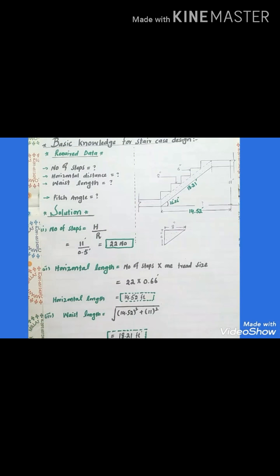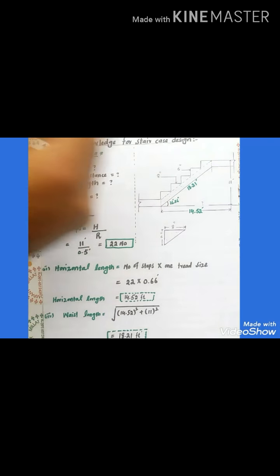Now start the solution. First of all, we need to find the number of steps, which equal to h divided by riser height. The h is 11 feet and the riser height is 6 inch, which equal to 0.5 feet. The number of steps is 22 numbers.